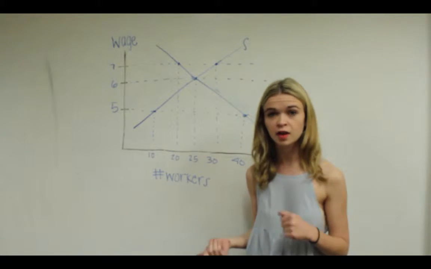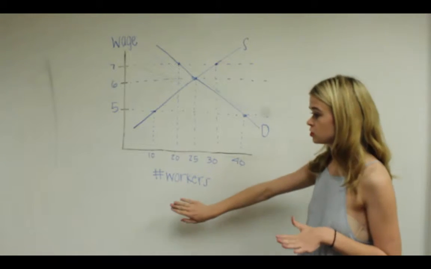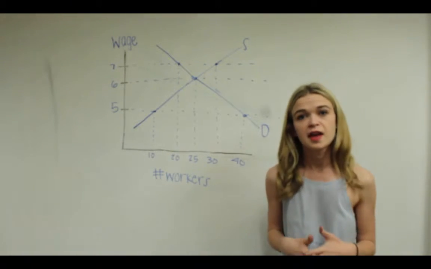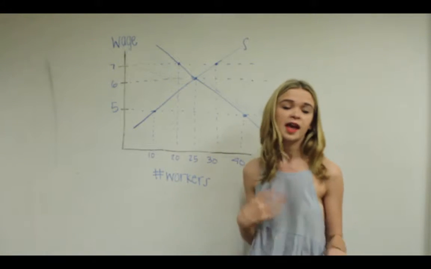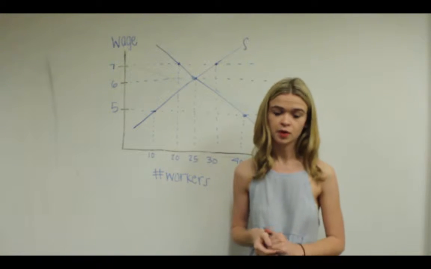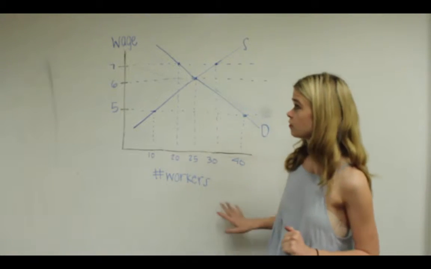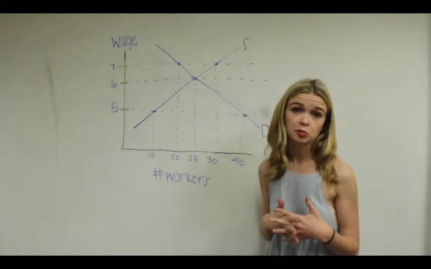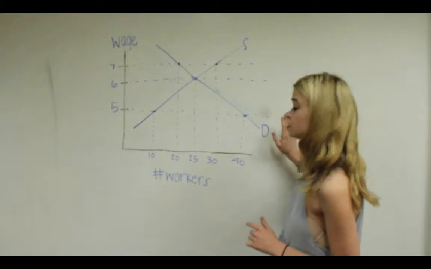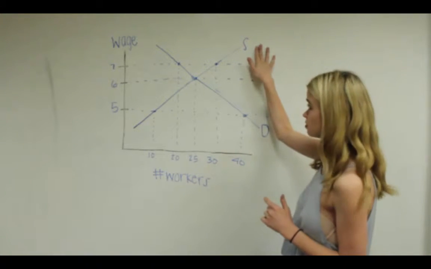Alright, so now what we're going to do is take a look at this graph and find out how changes in wage affect the number of workers and how many workers are hired. We're going to start off by looking at market equilibrium, which is the same as we've been doing in the output market. Where does labor demand meet labor supply?